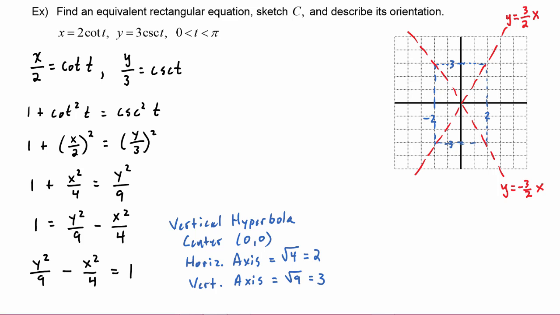This is a vertical hyperbola, so we know that it's going to look like this. And again, I'm only dotting it in because I don't know how much of the hyperbola the plane curve will travel. To find out if it does the entire hyperbola or only part of the hyperbola, we have to use our t interval.